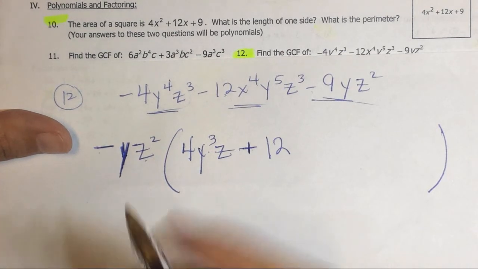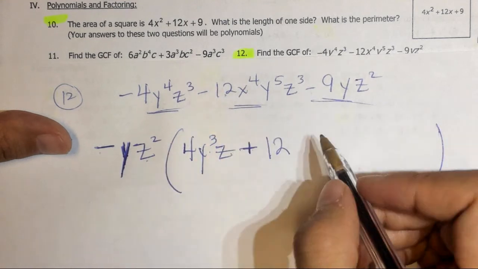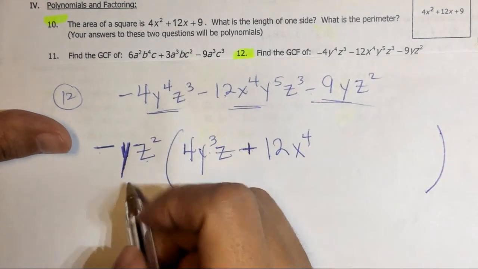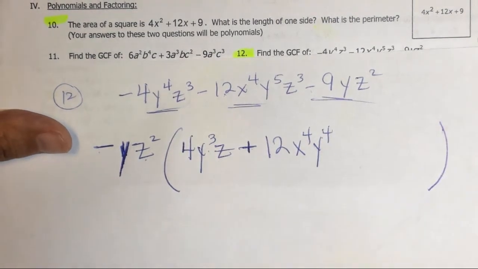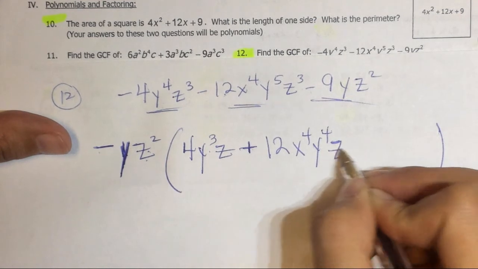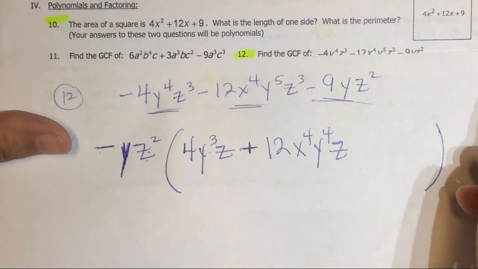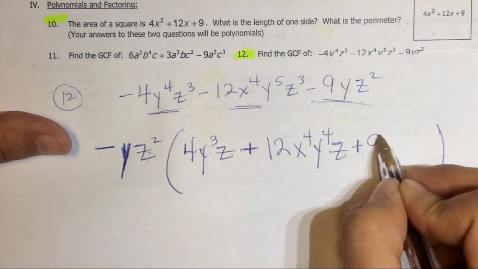And then y, let's see, I don't have an x to the 4th, so that stays. A y times what gives you y to the 5th, so that would be y to the 4th. And I'm missing z squared, z to the 3rd, I'm missing a z. And then the last one, the negative's already there, so I get a positive. Missing the 9.